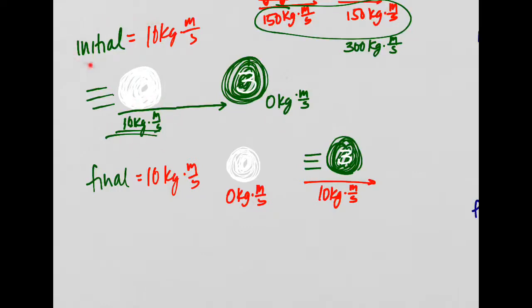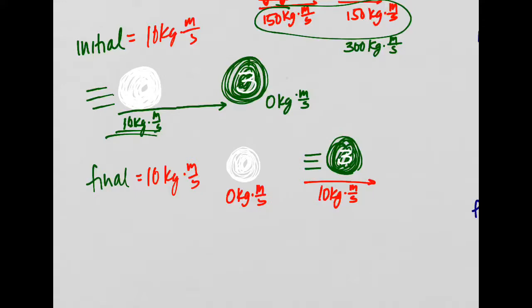So our initial momentum in the whole system is 10 kilograms times meters per second. After the collision, though, in this situation, the ball comes to rest. It transfers all of its momentum to the 3 ball. So this ball is at rest, 0, and this ball now is traveling at 10 kilograms meter per second momentum.